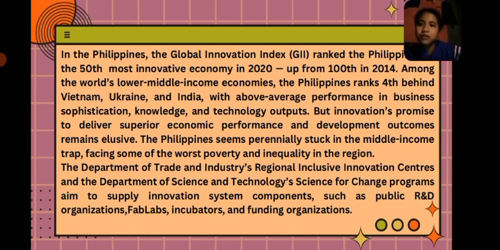The Department of Trade and Industry's Regional Inclusive Innovation Centers and the Department of Science and Technology's Science for Change programs aim to supply innovation system components such as public R&D organizations, fab labs, incubators, and funding organizations.